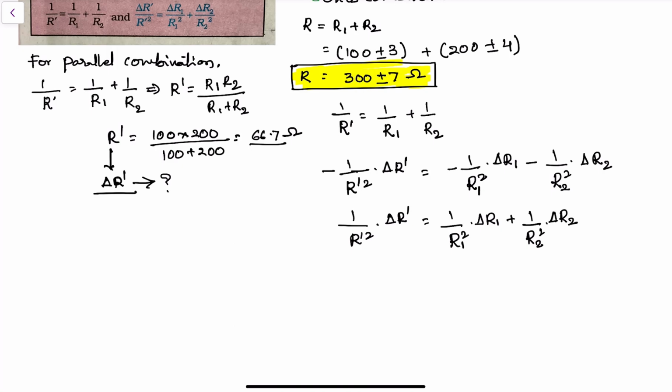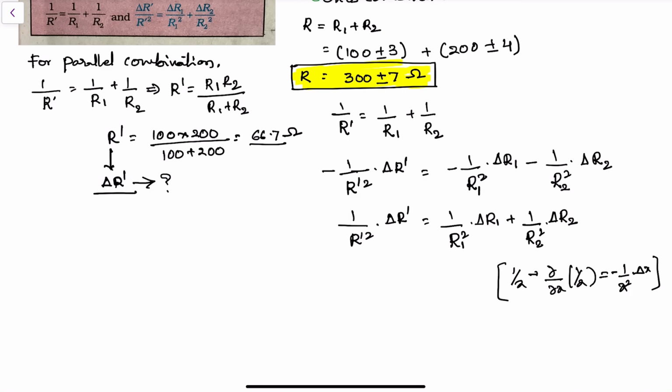How do I write like this? See, I am writing 1 by x is there. So the partial derivation of 1 by x is equal to minus 1 by x square into delta x, right?